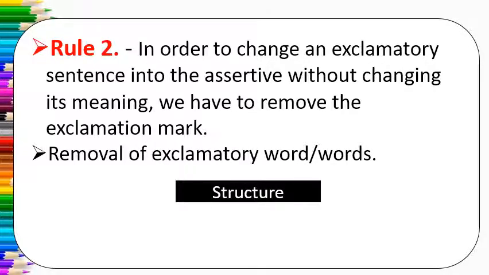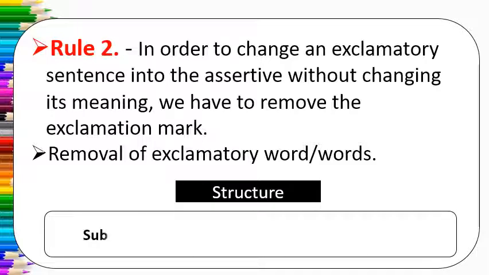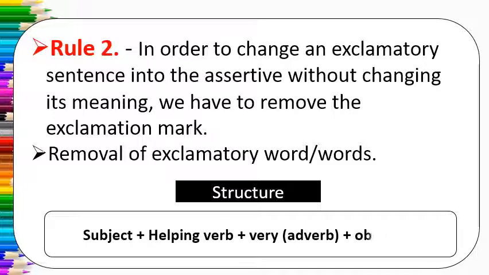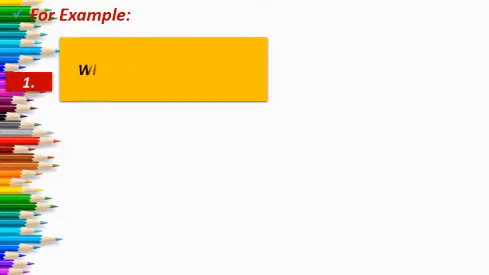So the final structure will be subject plus helping verb plus adverb. It is optional. According to sense of the sentence, you have to add adverb plus object if it is there plus full stop at the end.